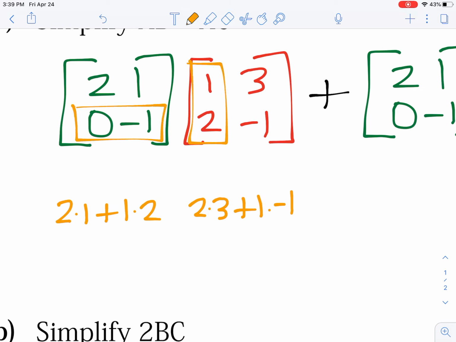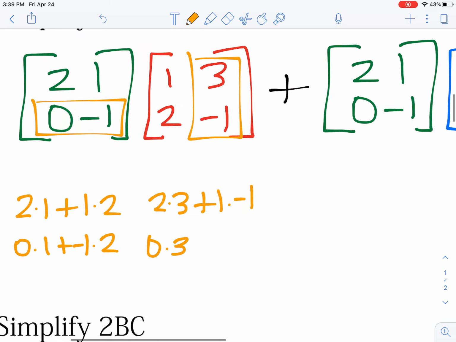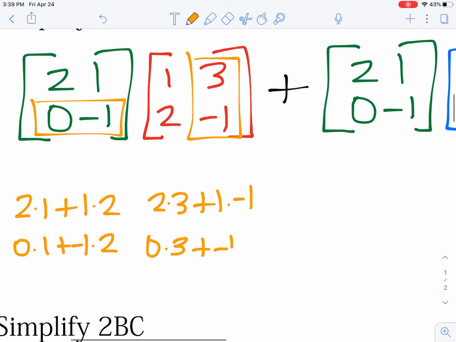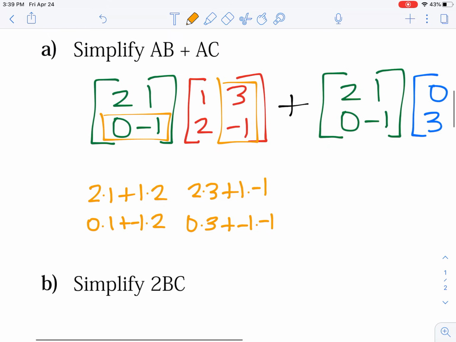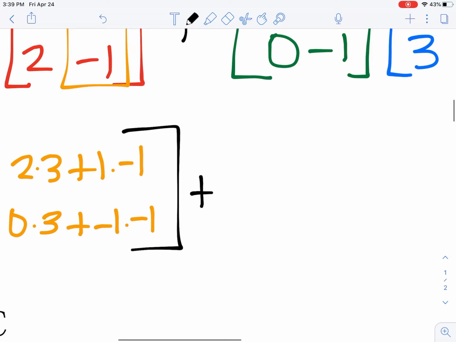So we have row 2 back to column 1. So we have 0 times 1 plus negative 1 times 2. Then we go to our second column. So we have 0 times 3 plus negative 1 times negative 1. So there's kind of the work being shown to multiply those 2 by 2s together.